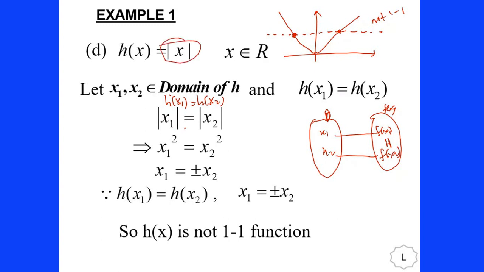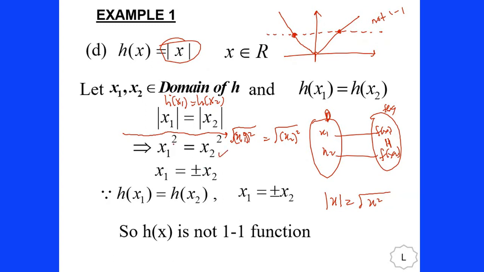So substitute this formula. The absolute value definition is like this, right? Here in the middle we can write the square root of x1 squared equals the square root of x2 squared, and then to get rid of the square root we square both sides, and we get this.